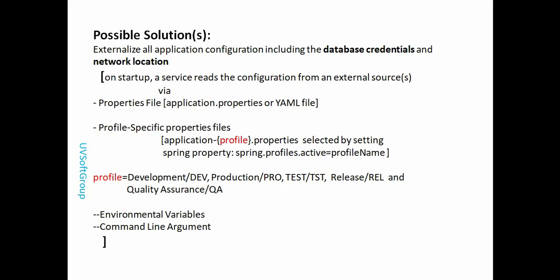So the most important concept is the profile-specific properties files. You see the application, your environment and the properties, and you can do the selection by this location. Here we see the development, dev environment.